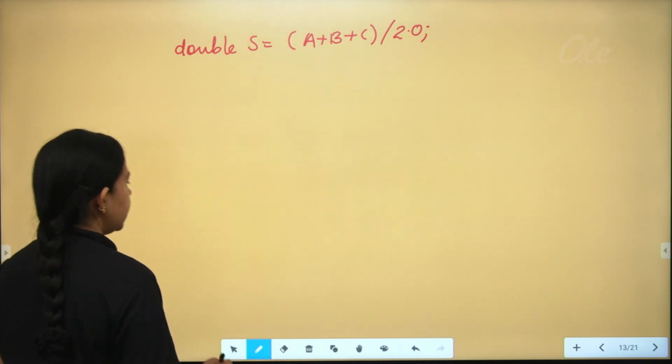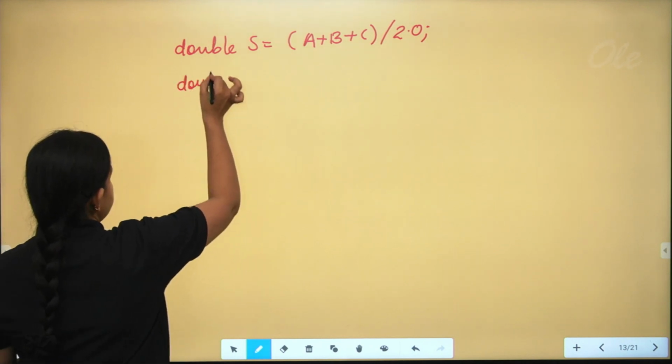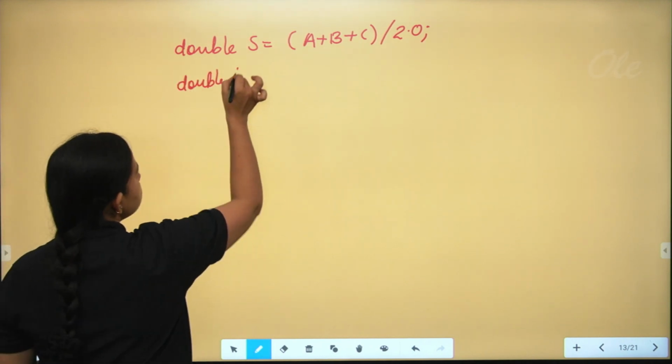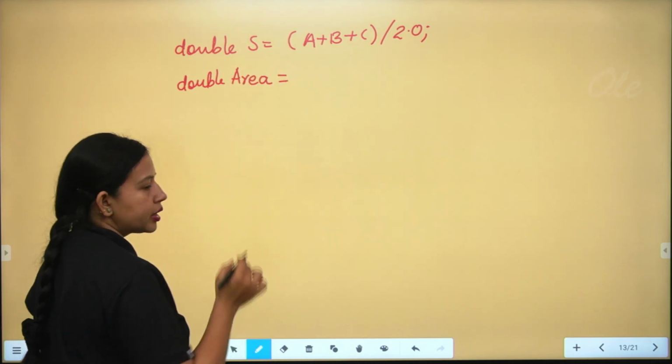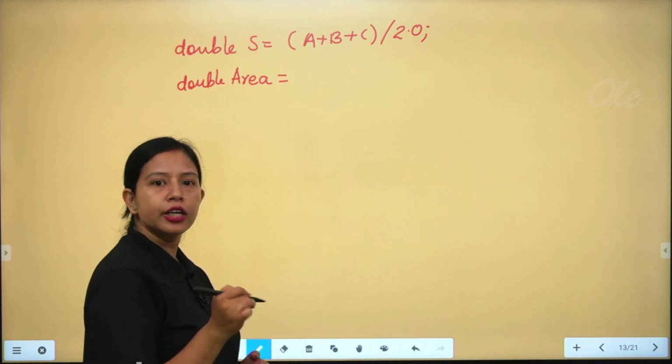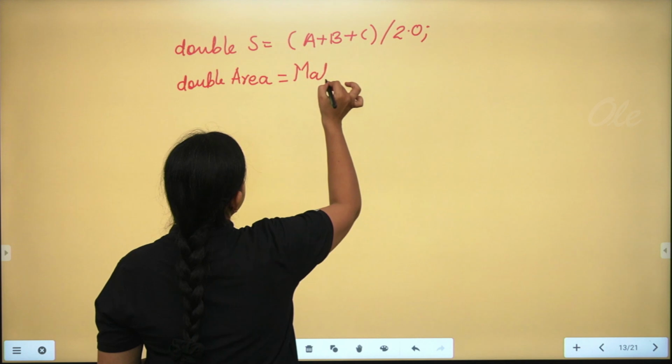in a double. It's time to write the Java expression to store the area. We'll write double area as a fresh variable. Here we are converting Heron's formula into the Java expression. So we start with Math.sqrt.